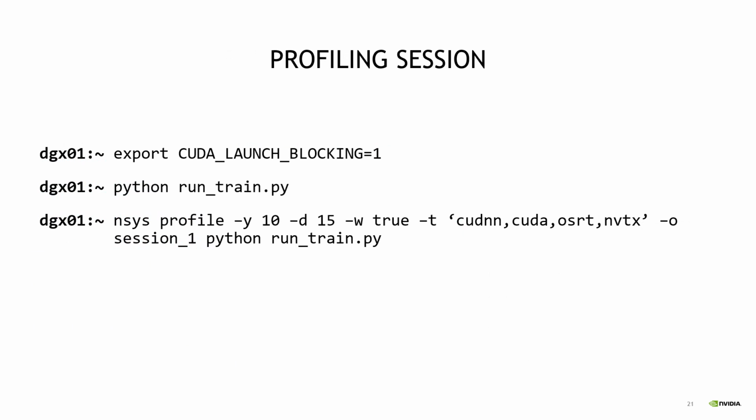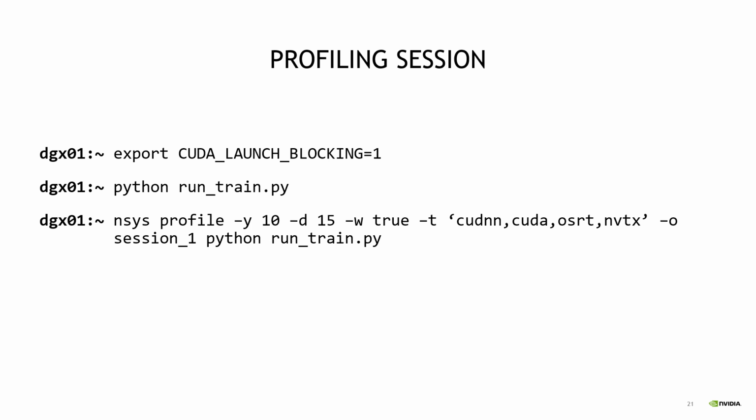This is a very simple set of commands that you can use to profile your application. We start by blocking the asynchronous threads. This export is very important because dealing with asynchronous threads can be very difficult, especially when you profile the application, because you don't know whether the threads have been queued or are waiting for something to happen.